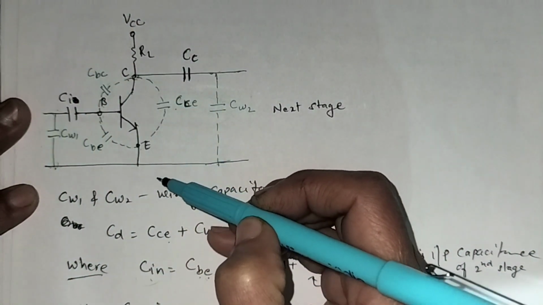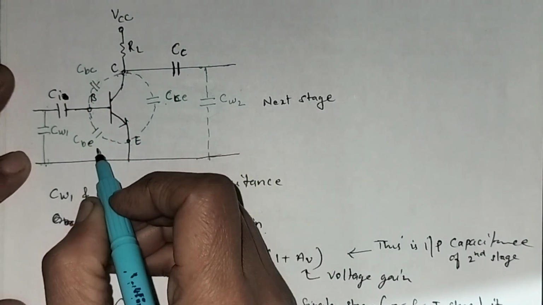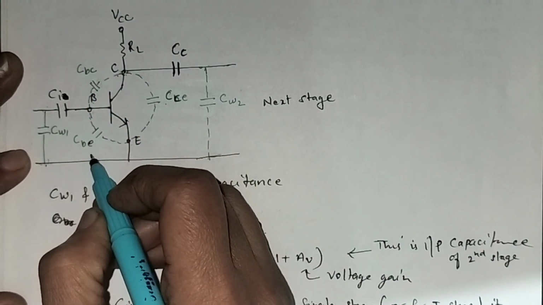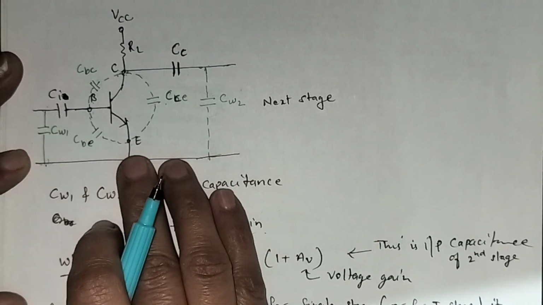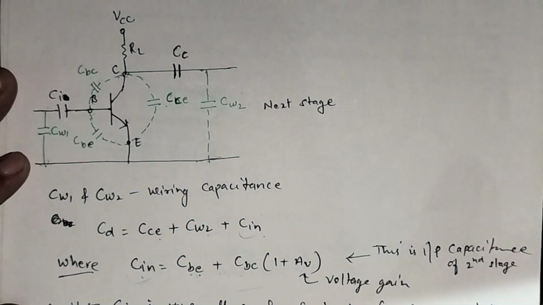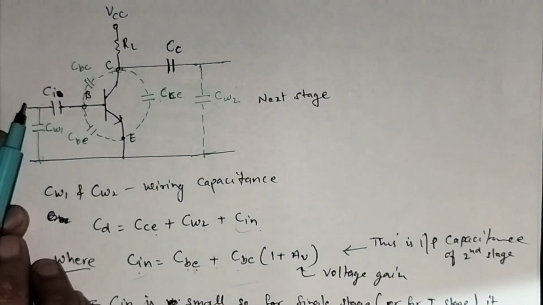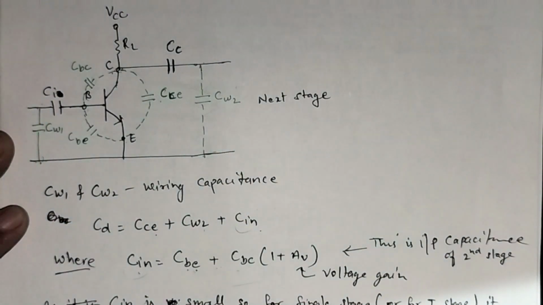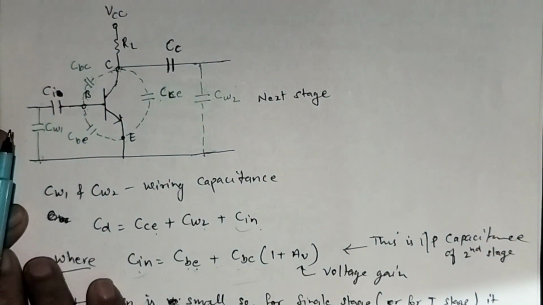The capacitors CBC and CBE do not affect the frequency response at low and medium frequency range, but at high frequency range they should be considered because they affect the frequency response curve. This CBC is most important as feedback takes place from the output to the input circuit, and this is called the Miller effect.